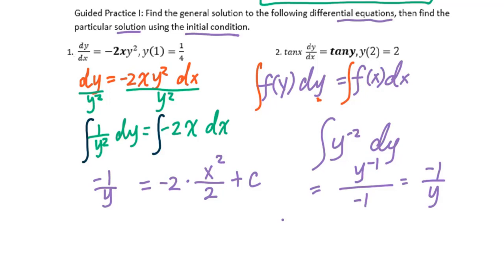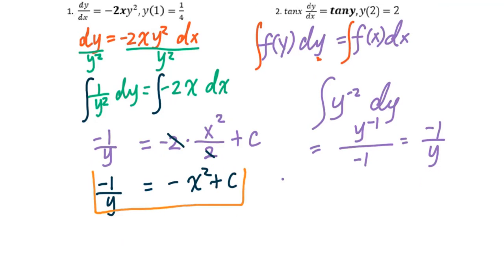Therefore, you will get negative 1 over y equals negative x squared plus c. This time, we can plug in over here. When x equals 1, then you will get y equals 1 over 4.